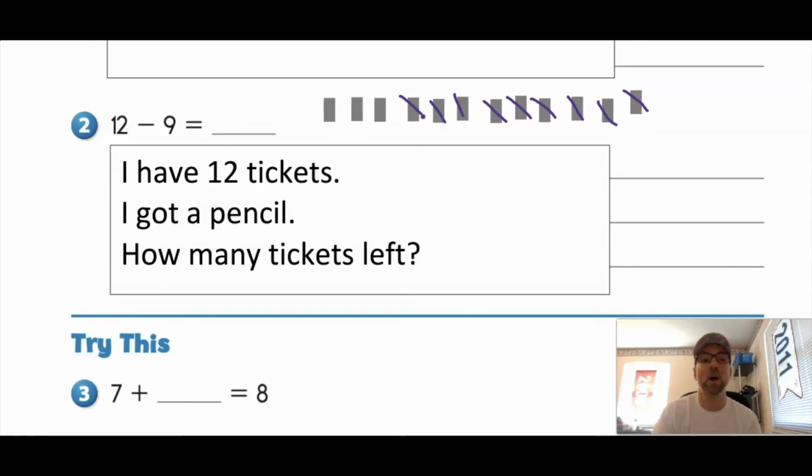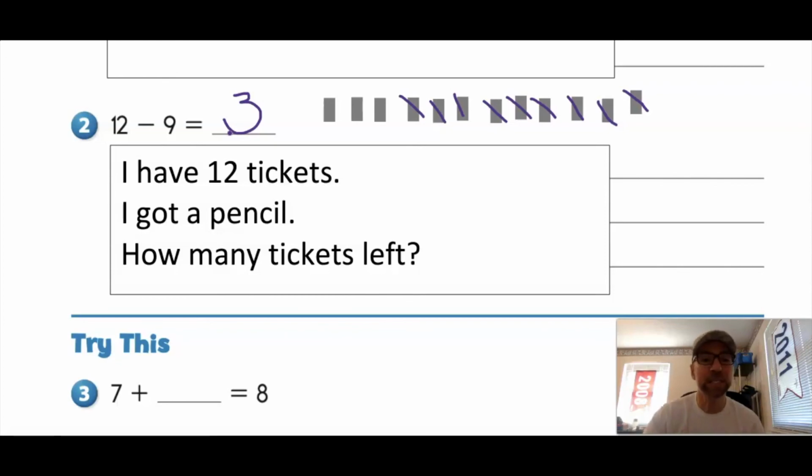How many are left? Did you get 3? 3 tickets are left. If I have 12 tickets and I got a pencil and the pencil was worth 9 tickets, 12 minus 9 equals 3 tickets left. Awesome job.